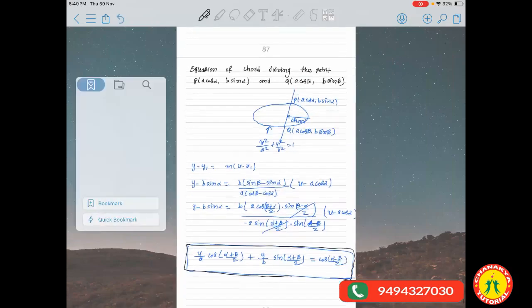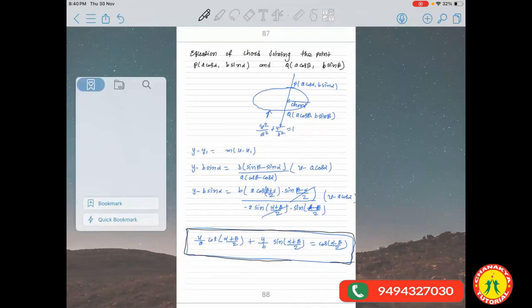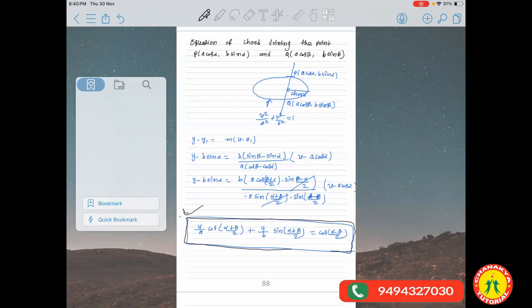Simply you can write the line equation basically and solve this, apply the trigonometry and get the equation like that. Simplified form, so that we can remember: x by a cos of (alpha plus beta) by 2 plus y by b sin of (alpha plus beta) by 2 equal to cos of (alpha minus beta) by 2.